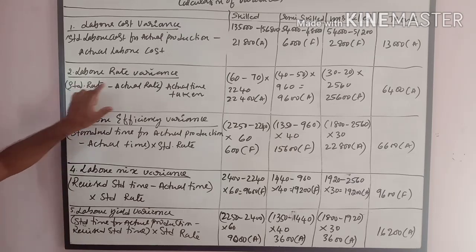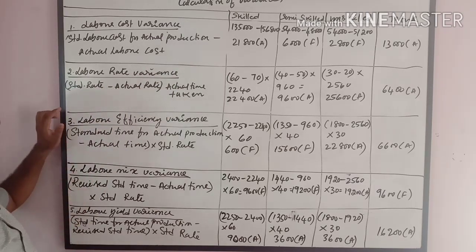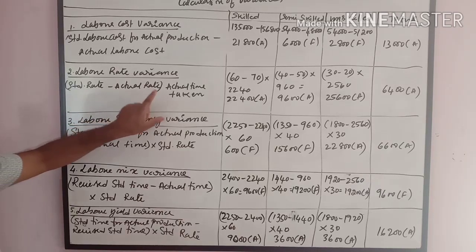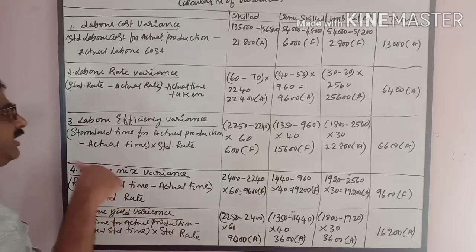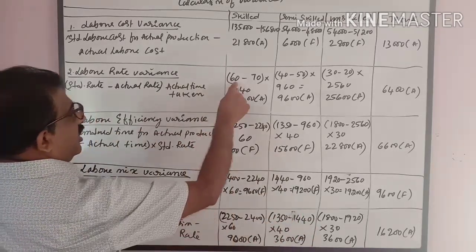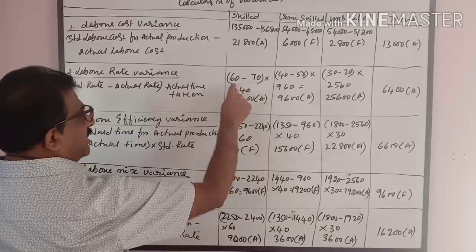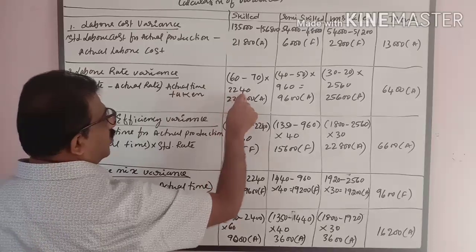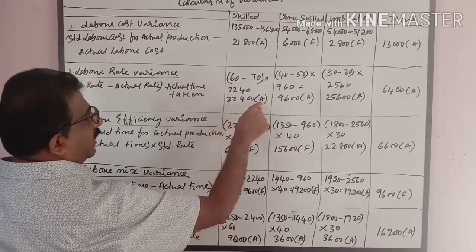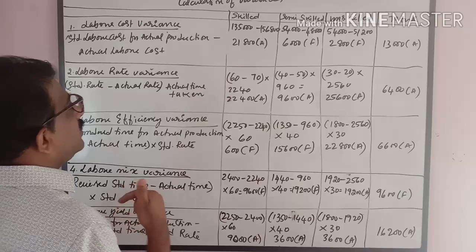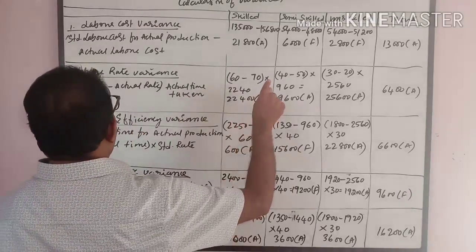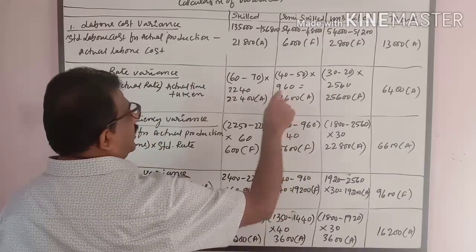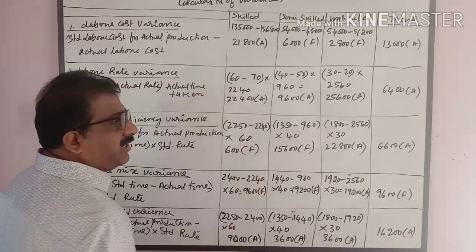Next is labor rate variance. The formula is standard rate minus actual rate into actual time taken. The standard rate is 60 and the actual rate paid is 70; 60 minus 70 into the actual time taken, 2240, comes to 22,400 adverse. For semi-skilled laborers, standard rate 40 minus actual rate 50 into 960 comes to 9,600 adverse.